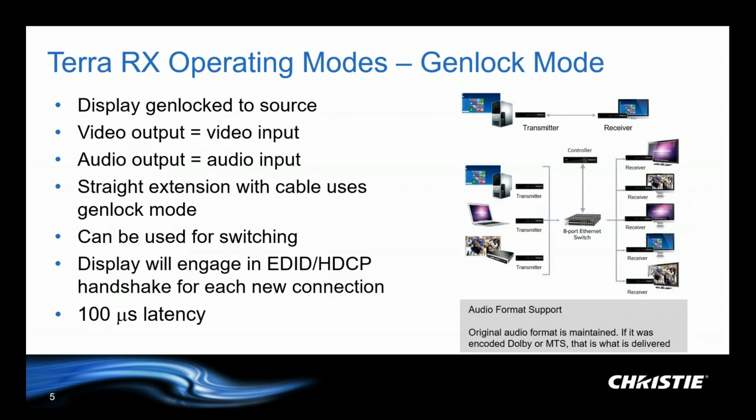There are two ways of using the Genlock mode. You can either use it as an extension, transmitted directly to a receiver, or we can also use it with an Ethernet switch as a matrix, as I was discussing yesterday. Although when you do switch a source on a receiver in Genlock mode, it's going to drop the source.